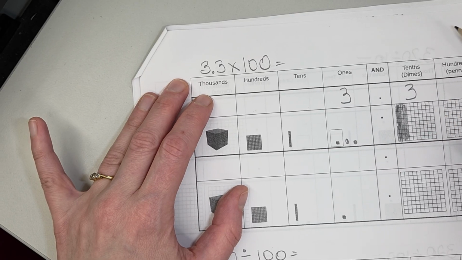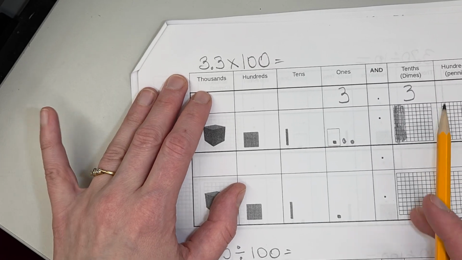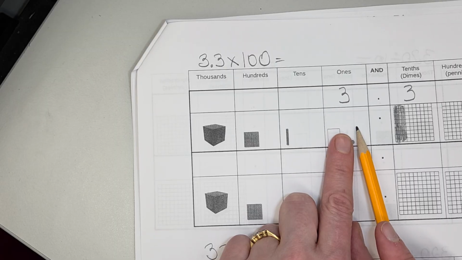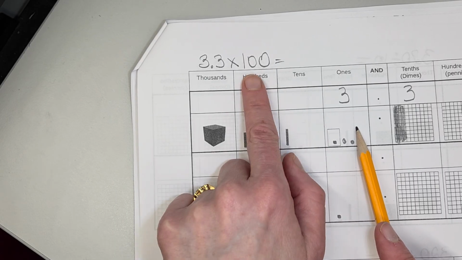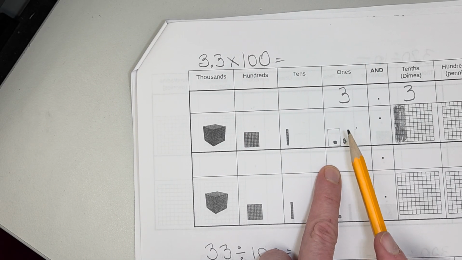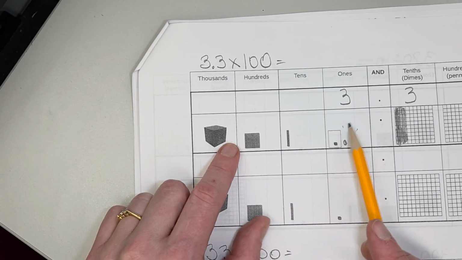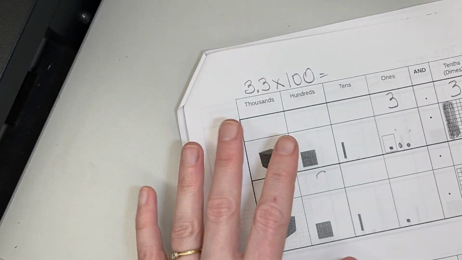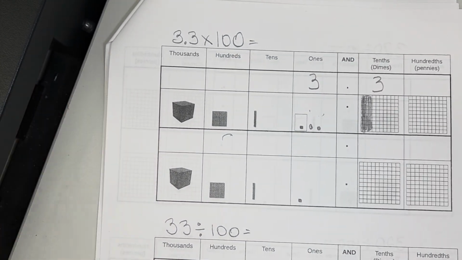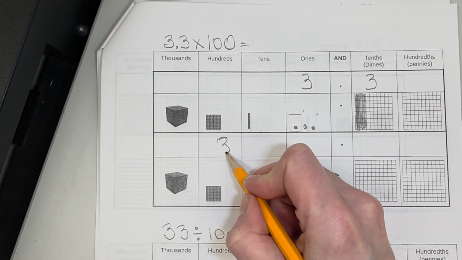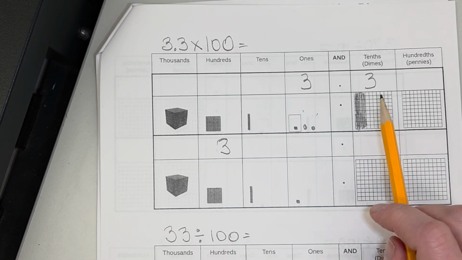Okay. We're going to multiply that by 100. Well, we know that 3 ones times 100 is 300 because we move over 2 place values. Okay, so 3 ones times 100 is, this is not staying very well. I'm sorry, you guys. 3 ones times 100 is 300. So we can put our 3 in the hundreds place. But what about our tenths?